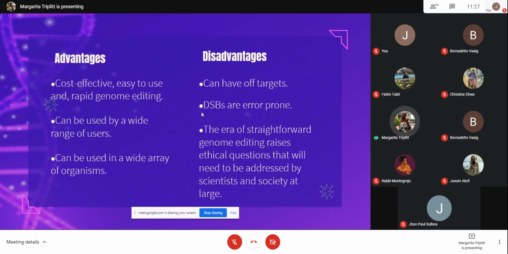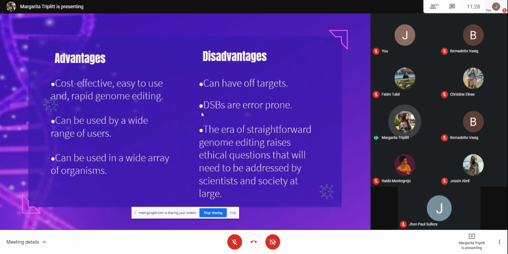And also, the disadvantages of this tool in genome editing, they can have off targets, especially the NHEJ mechanism, a host mediated repair mechanism.